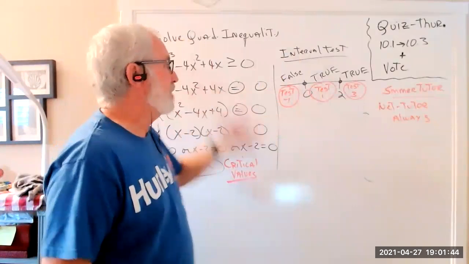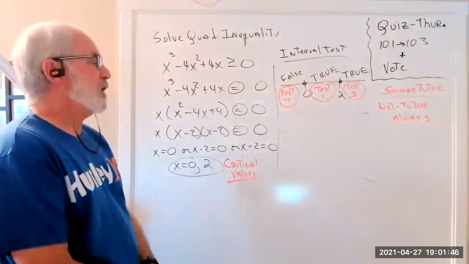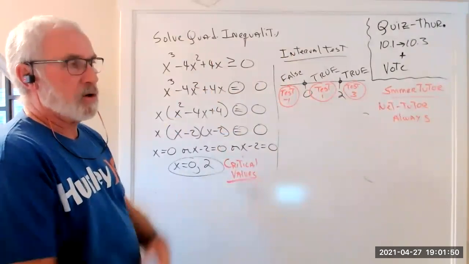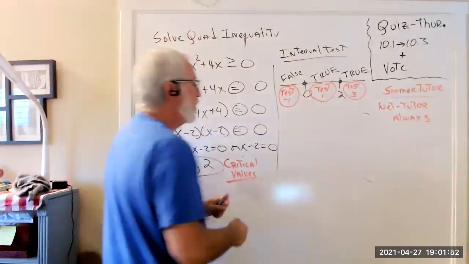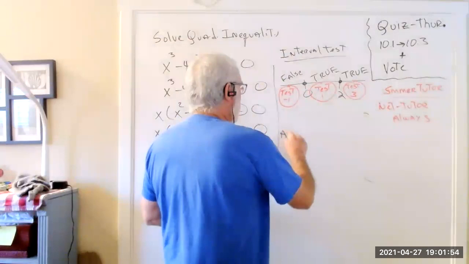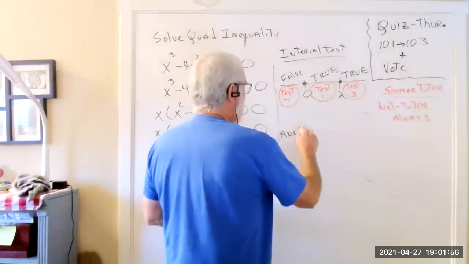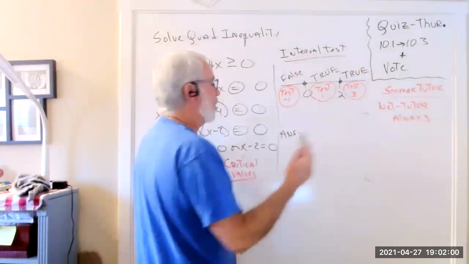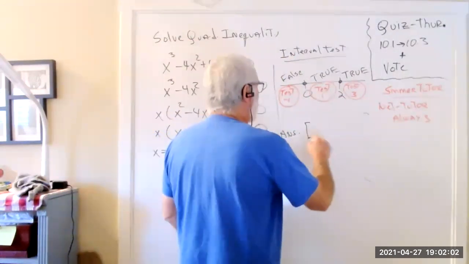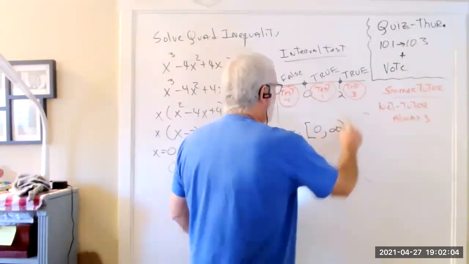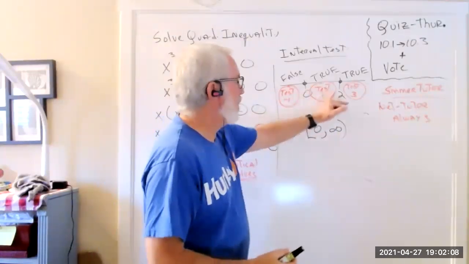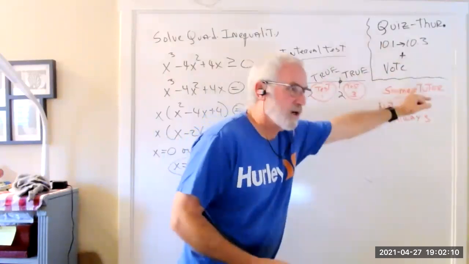Lastly, we have to decide what's true in this problem, or what's our answer. So our answer in this case is everything that's true. In this case, it goes from 0 to infinity, because 0 to 2 and 2 to infinity.